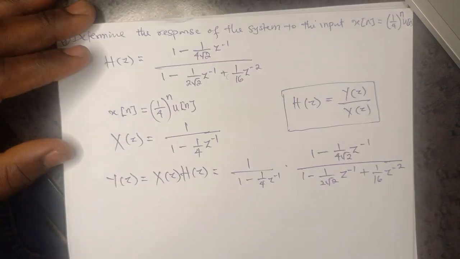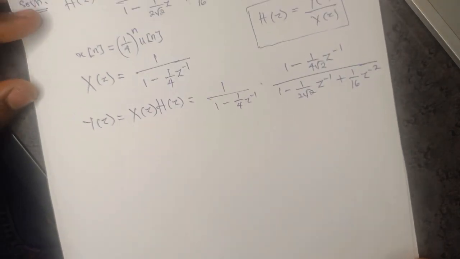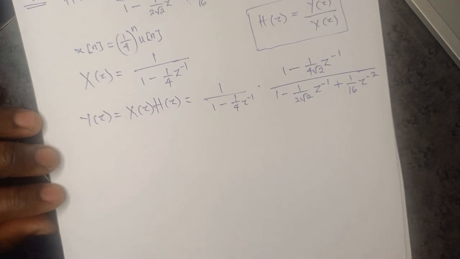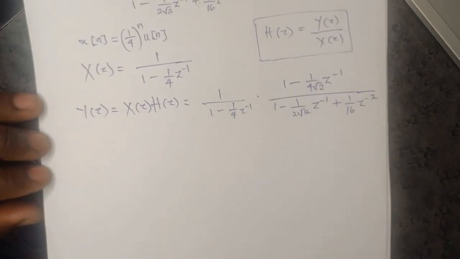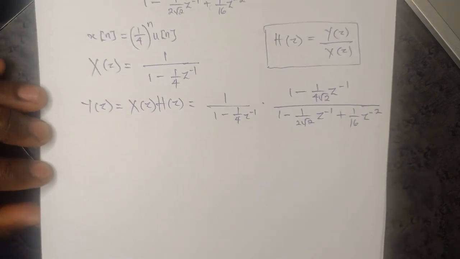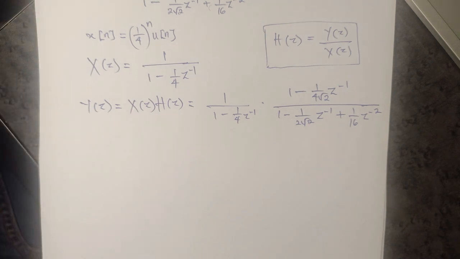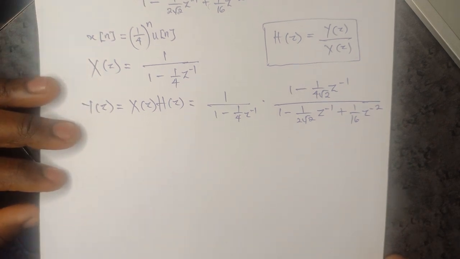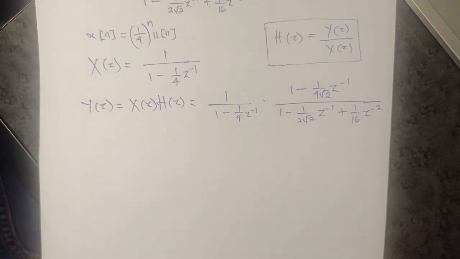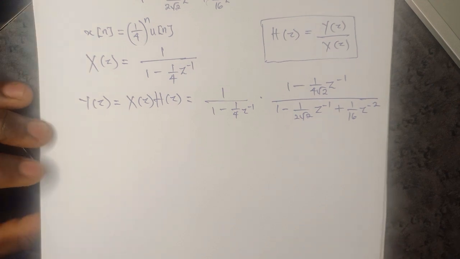Alright, so now that we have this, we are just going to multiply the two together, and once we multiply, we are going to use partial fraction to solve this problem.